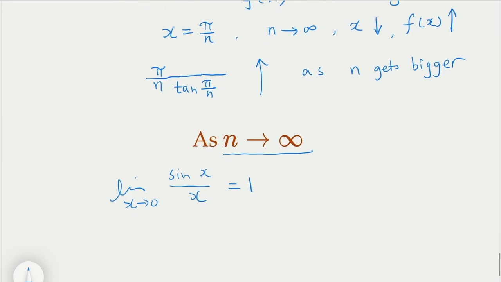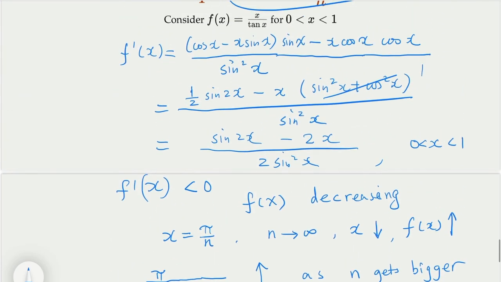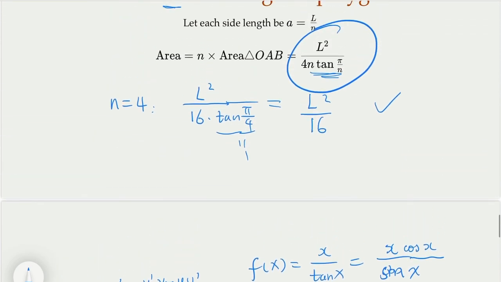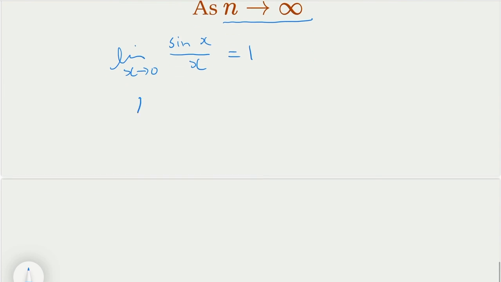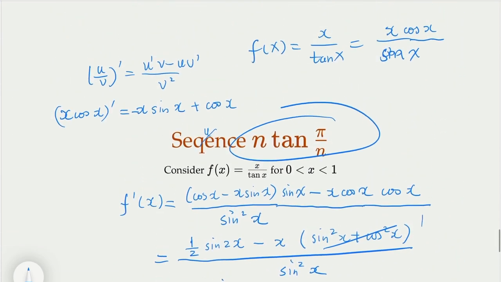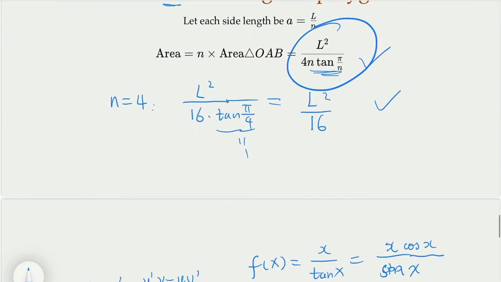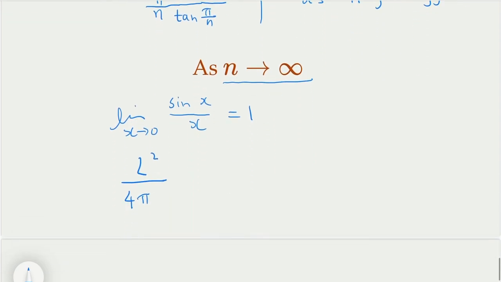The quantity we're interested in is L squared over 4n tangent pi over n, as n goes to infinity.